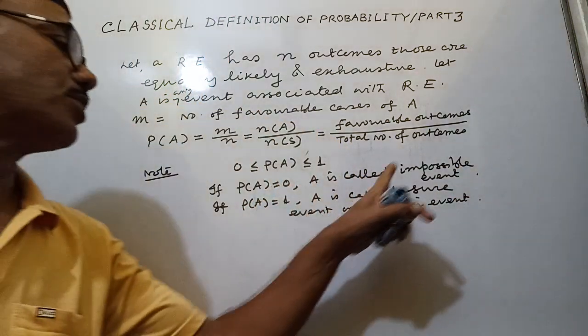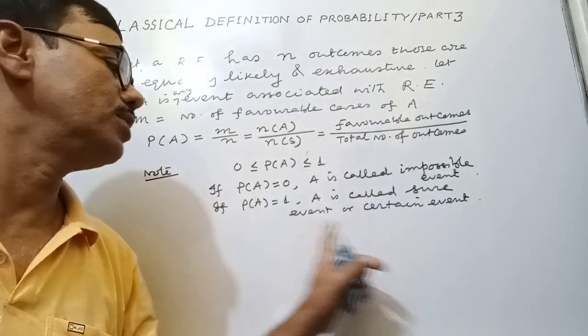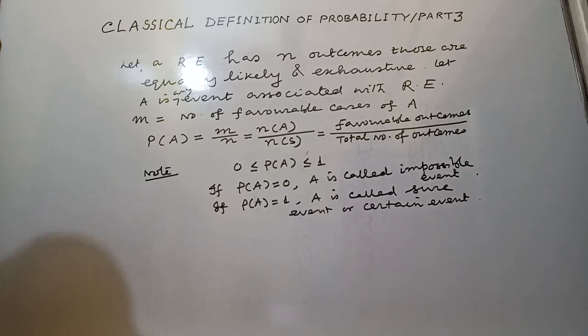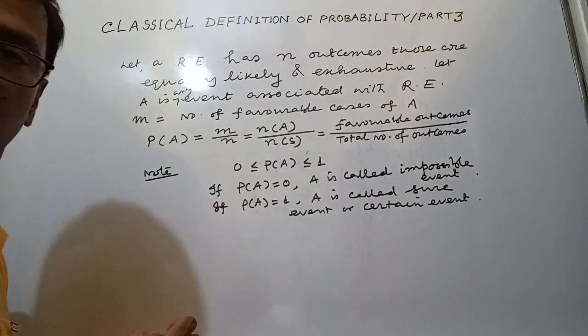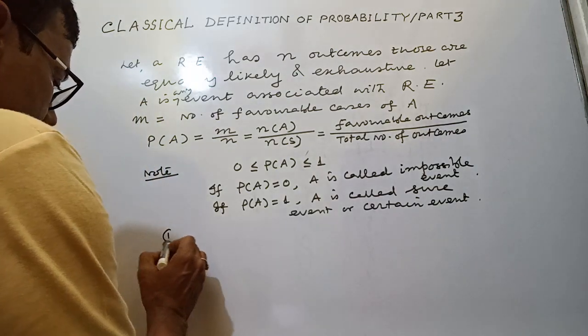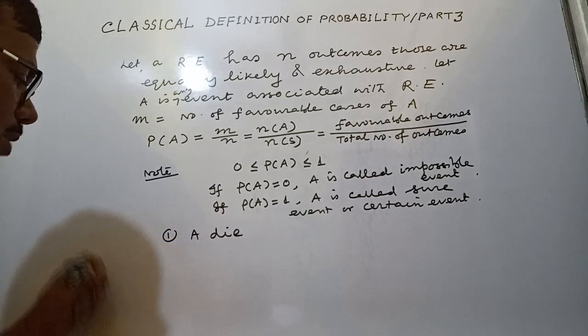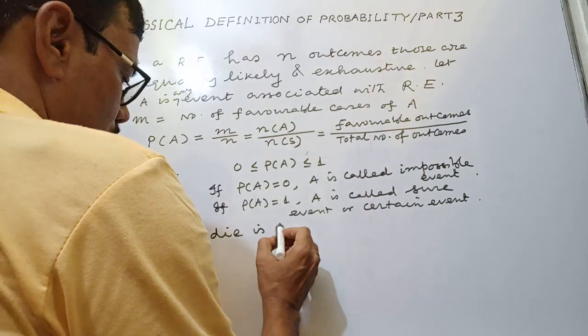So what is an impossible event and what is a certain event? Take an example. Suppose a die is thrown. We are discussing the basic problem.